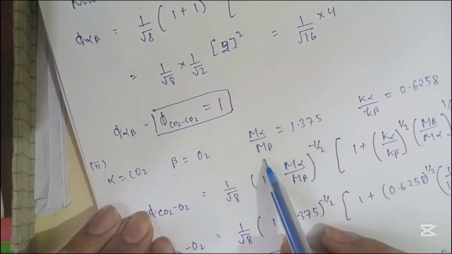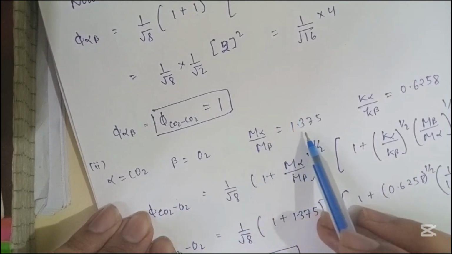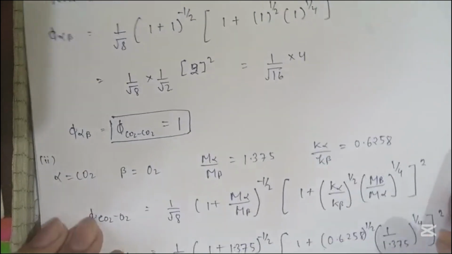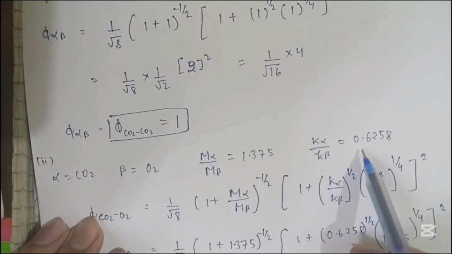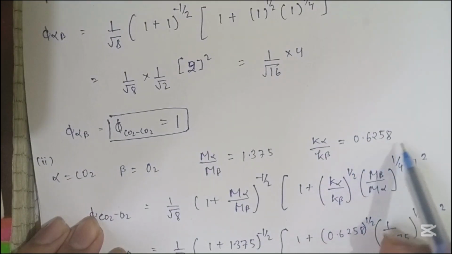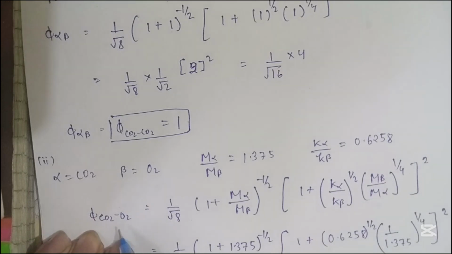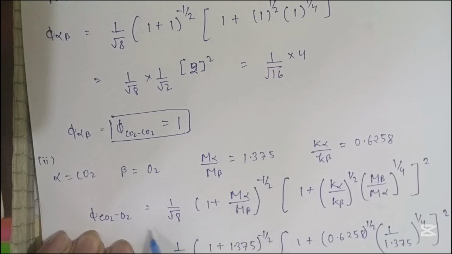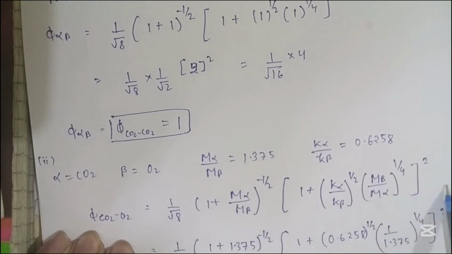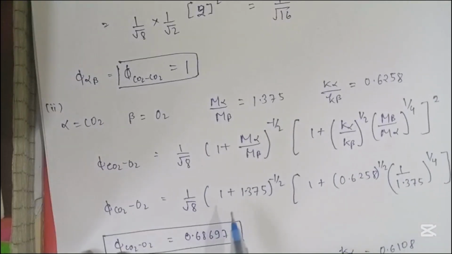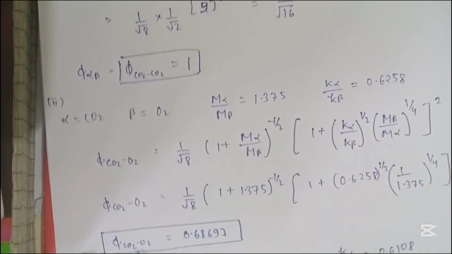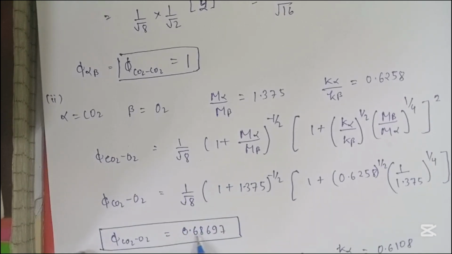M alpha upon m beta is 1.375, k alpha upon k beta equal to 1.6258. Again we are substituting into the formula of phi alpha for CO2 and O2. Now substituting all values into the formula, we will get phi CO2 and O2 as 0.68697.